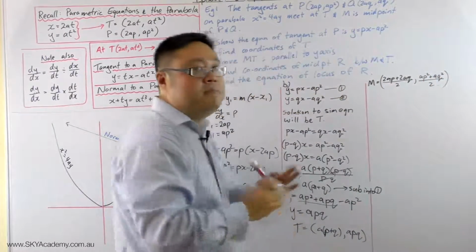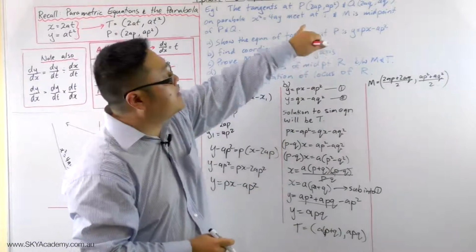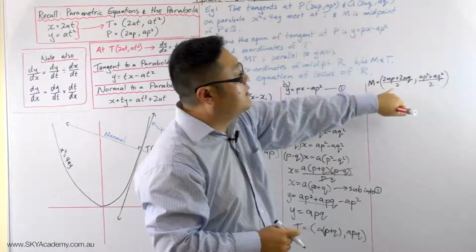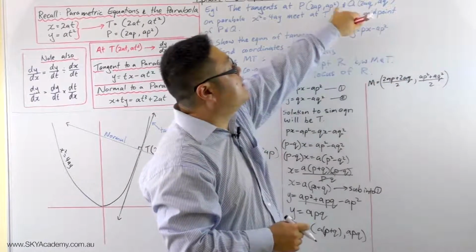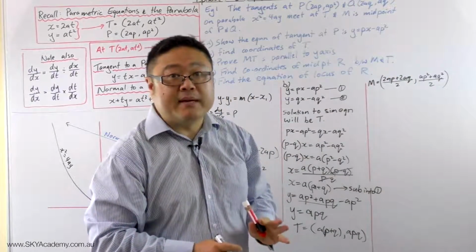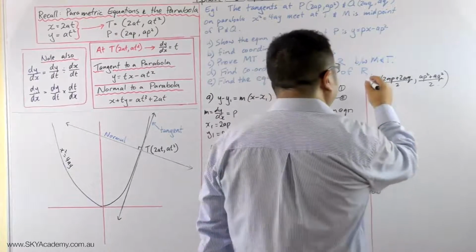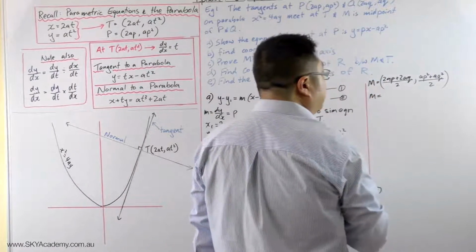All right, so we've used the midpoint formula to do that. So basically the sum of the x coordinates divided by 2, the sum of the y coordinates divided by 2. Does that make sense?